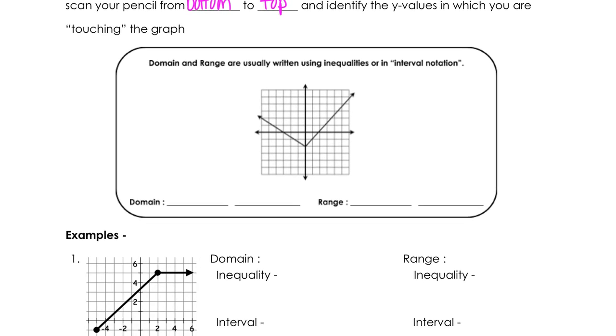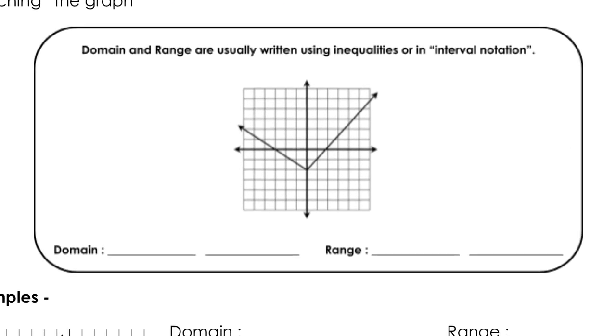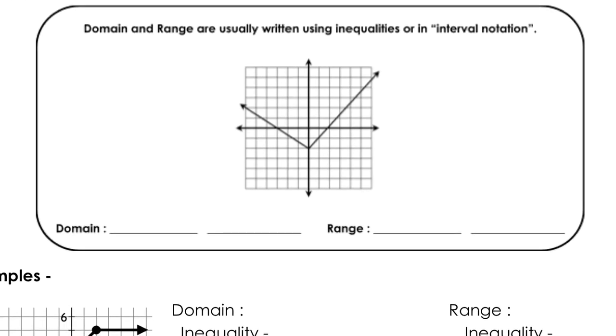We write domain and range in two different ways, and we will go back and forth between both of them in this class. So we can write them as inequalities or in interval notation. Interval notation is always going to have an infinity sign. Inequalities are going to have greater than, less than signs, okay?